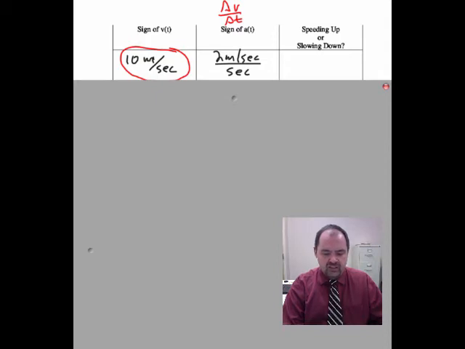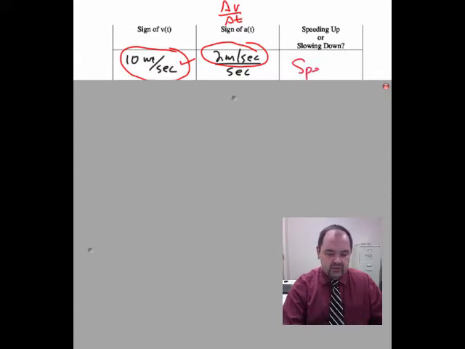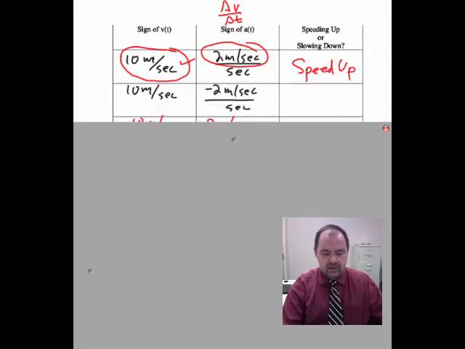My change in velocity is 2 meters per second every second. So after 1 second, we'll be going at 12 meters per second. After 2 seconds, we'll be going at 14 meters per second, etc. You can see that my speed, which is the positive of velocity, is increasing. So in this case, we are speeding up.